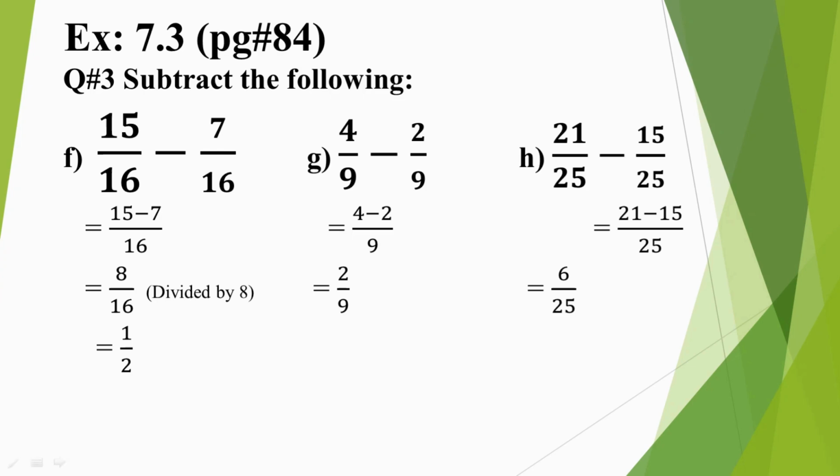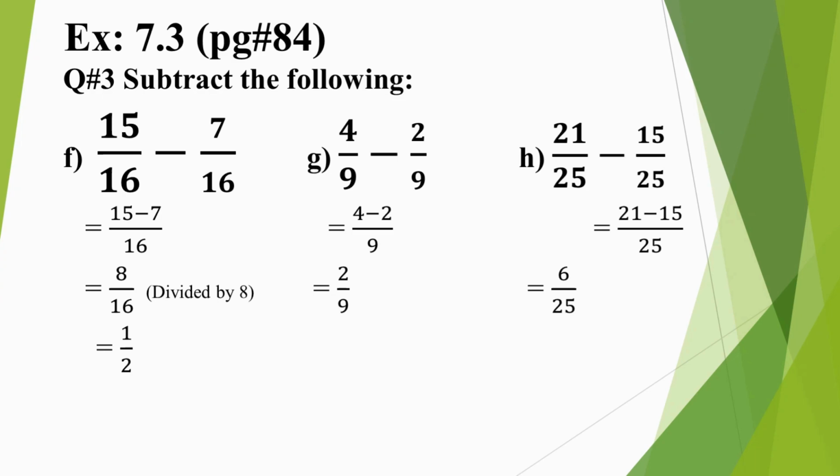Over here in the H part, you have 25 as a common denominator, and we subtract the numerators, that is 21 minus 15, and it comes out 6. And 6 over 25 shows that they can never be divided by some common table, as 6 and 25 are not in any table, and cannot be divided by a common number, so that's the lowest form.